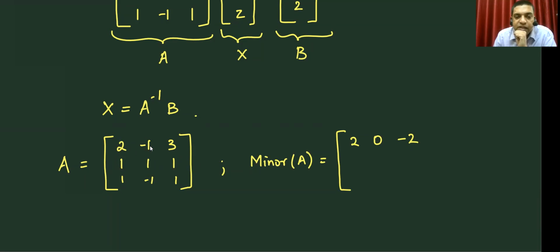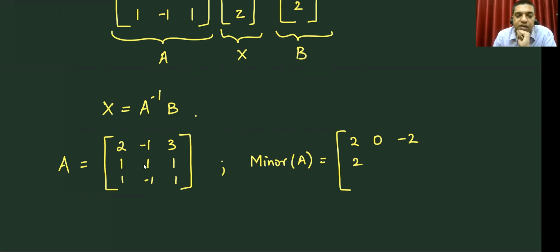Then you're left with minus 1 3 minus 1 1. So minus 1 into 1 is minus 1, minus of minus 1 into 3. So plus 3, minus 1 plus 3 is 2.